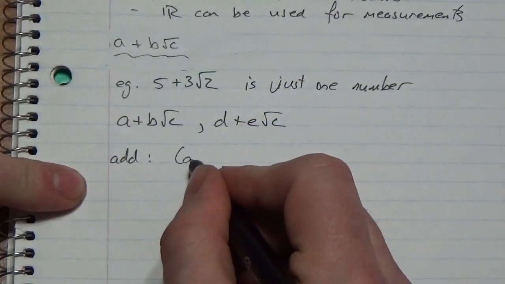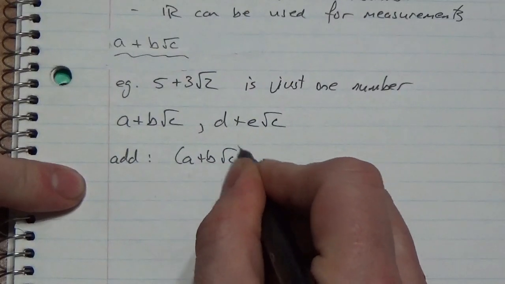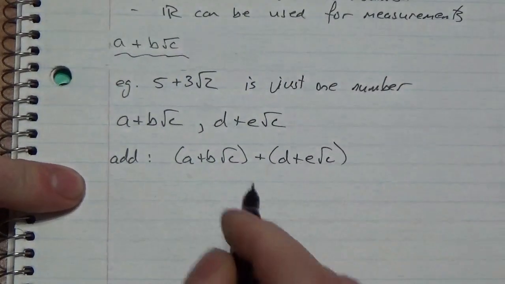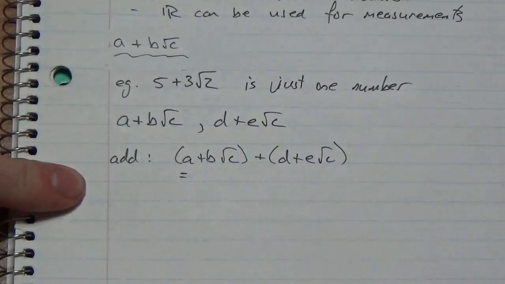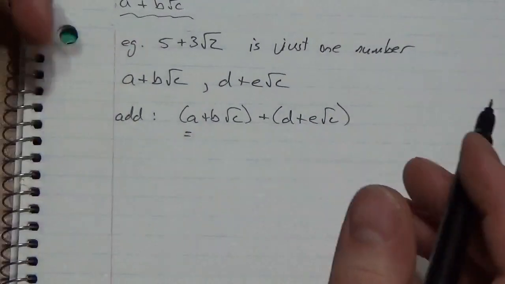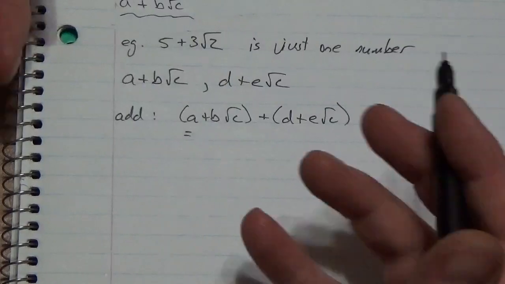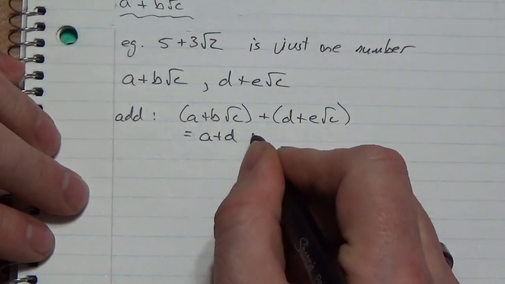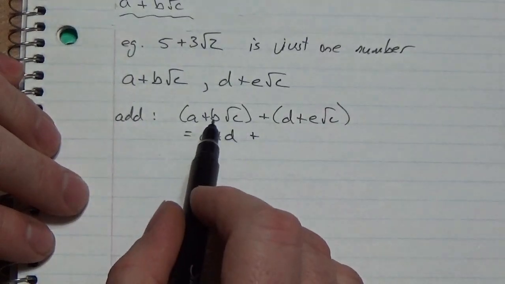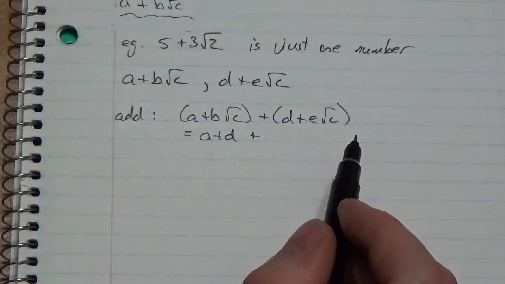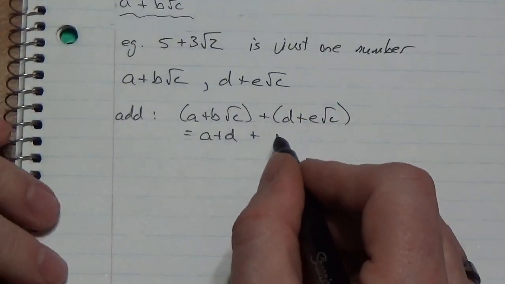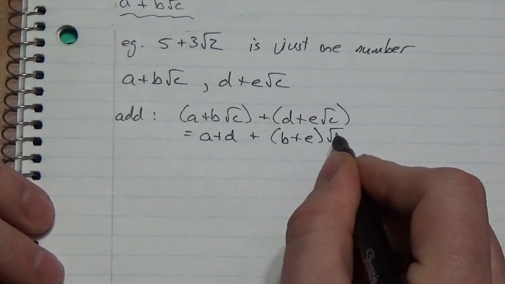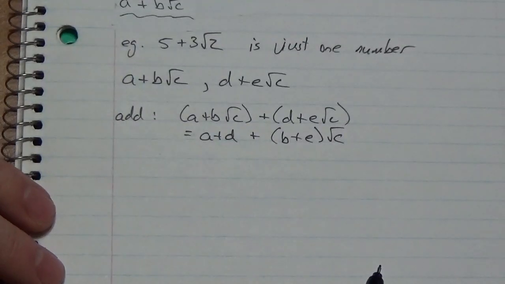If I've got a plus b root c, and I add d plus e root c, I'm going to drop the parentheses and add the two parts. So I've got a plus d, and then this b root c and this e root c together. Well, I can factor that root c out, and I'm going to be left with b plus e, their sum, multiplied by root c.